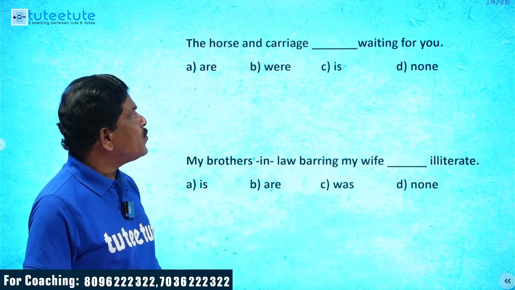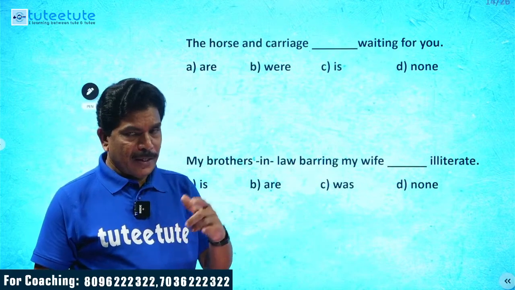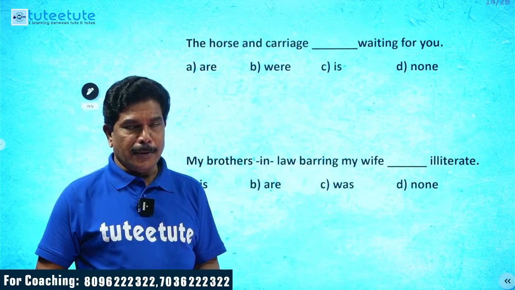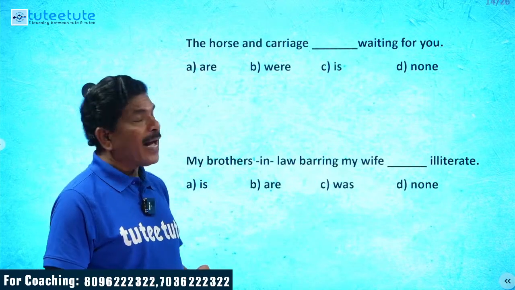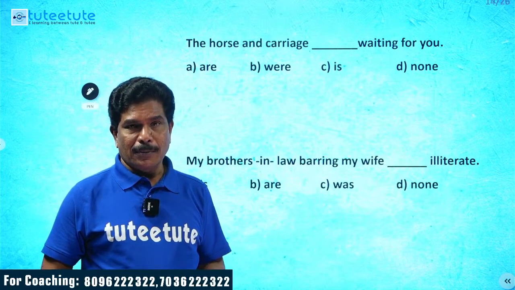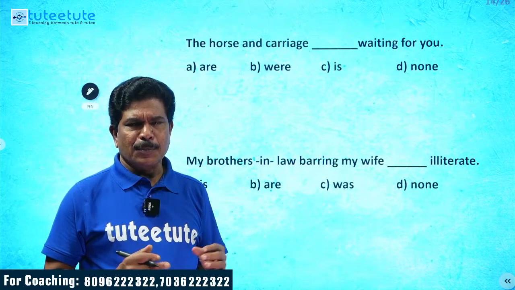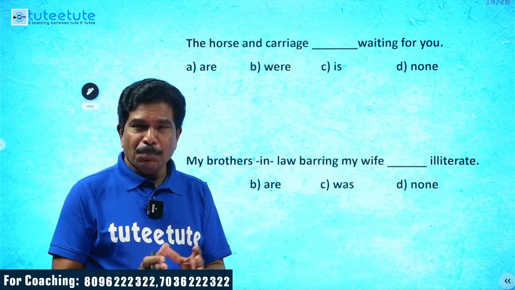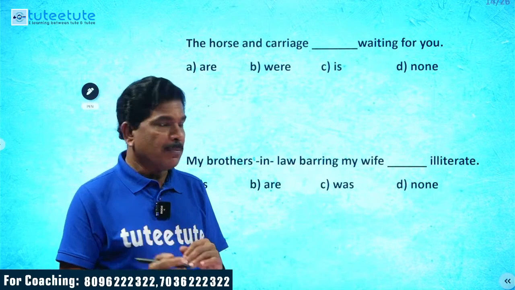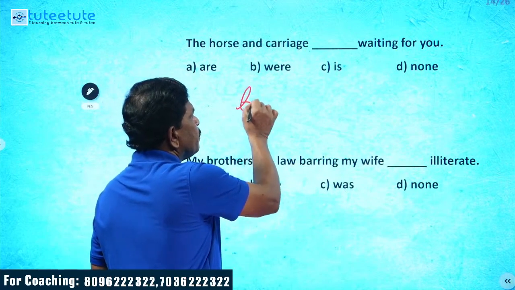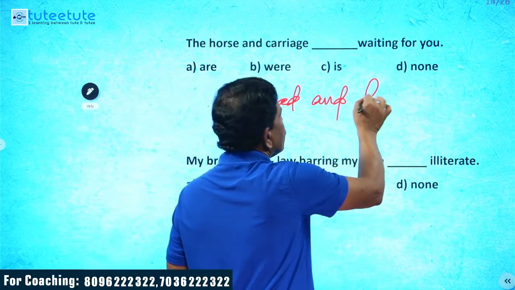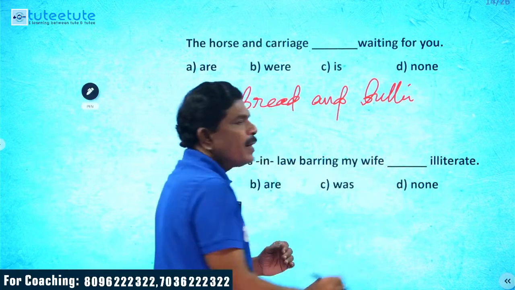Then we have, the horse and carriage dash waiting for you. Are, where is, none. Is horse and carriage singular or plural? There are certain expressions in which nouns are used in pair. Horse and carriage is used in pair. Bread and butter.